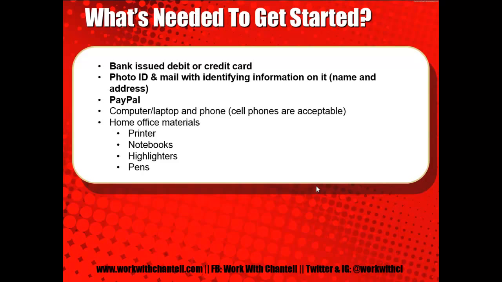If you don't have a printer, that's okay. You can use Kinko's or contact someone who does have a printer that they'll allow you to use. But you want to really make sure that you have notebooks, highlighters, pens, because you're going to be taking a lot of notes, especially within the first, I'd say, 2 weeks of starting with the company, Affluentry Network, because there's a lot of information that you're going to have to learn.